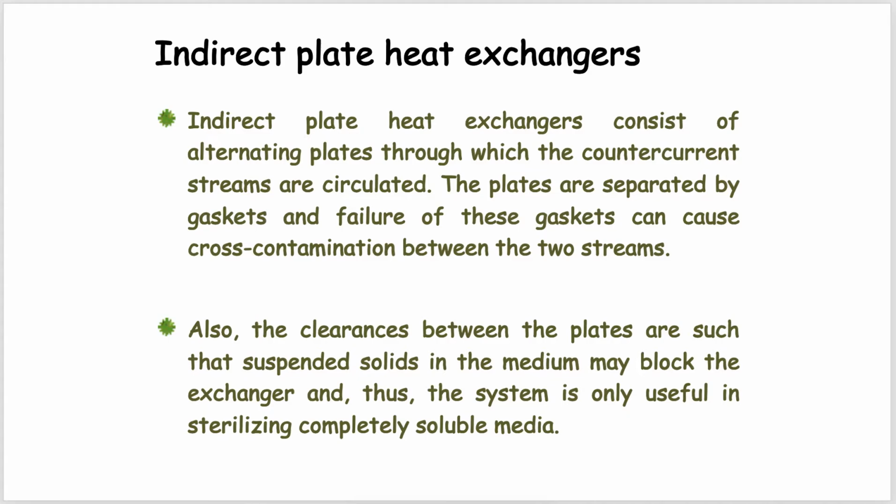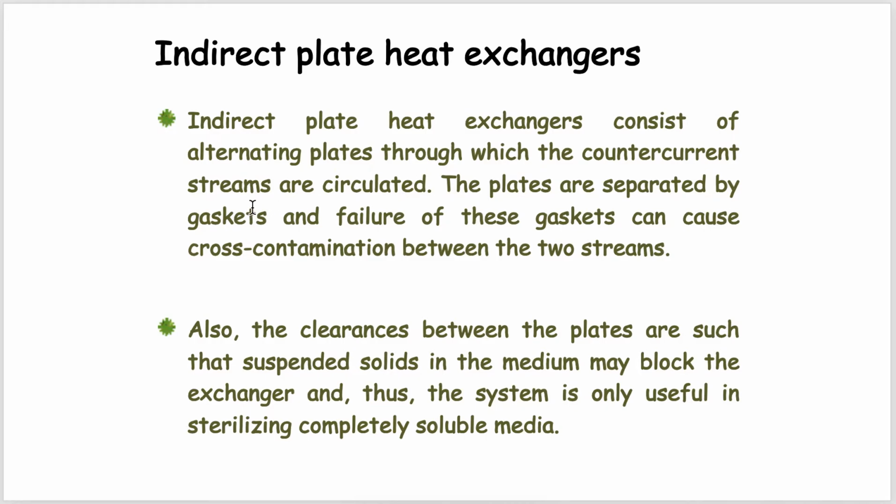Now we are done with the indirect spiral heat exchangers. Now I'll talk about the indirect plate heat exchangers. The indirect plate heat exchangers consist of alternating plates through which the counter current streams are circulated, and the plates are separated by gaskets.